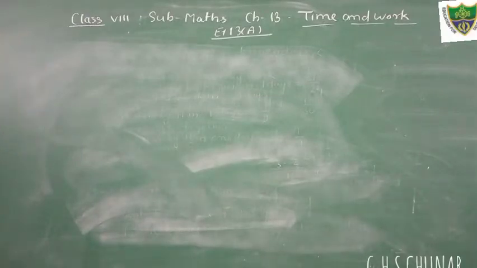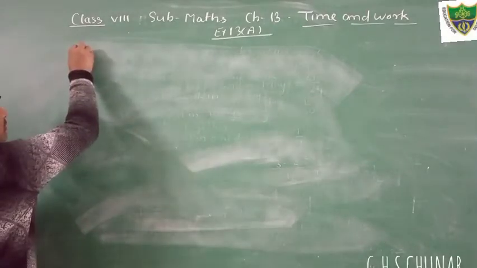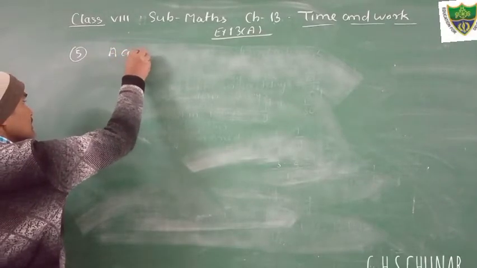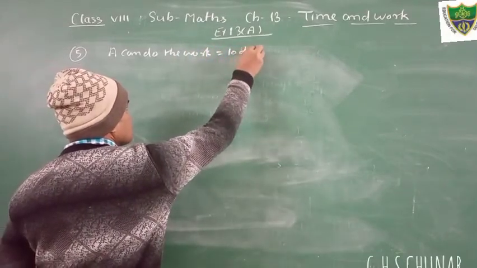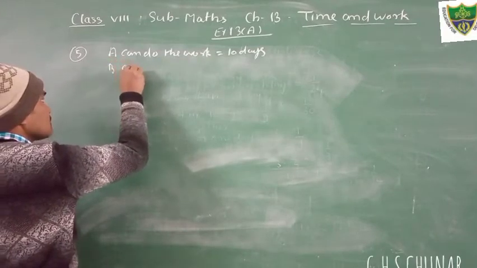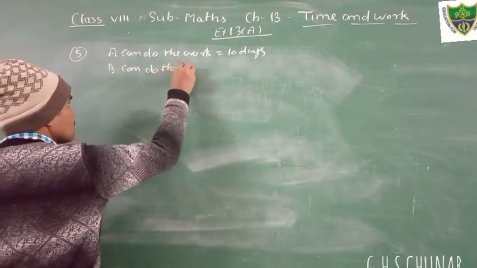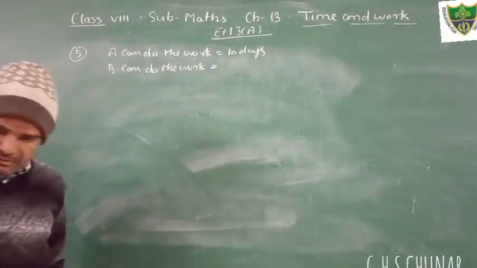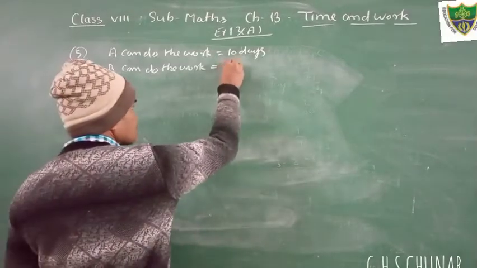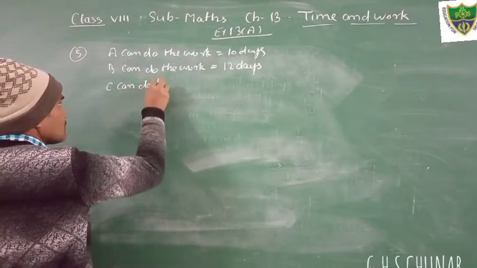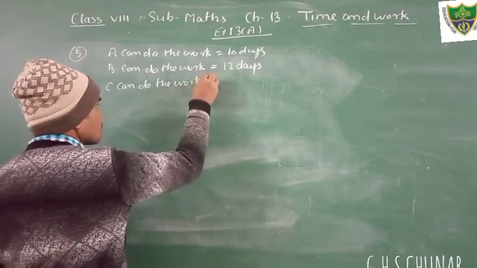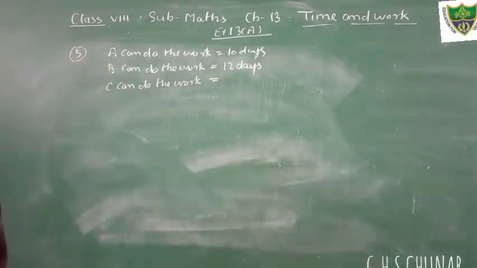In question number 5, A, B and C can do a piece of work: A in 10 days, B in 12 days, and C in 15 days. How many days will they take to finish the work together?